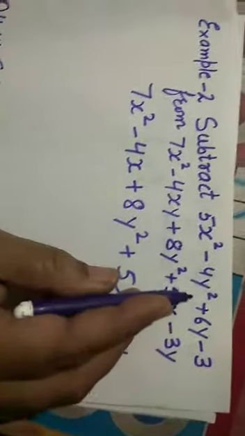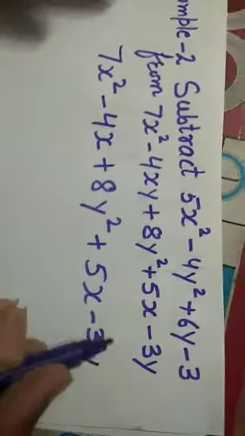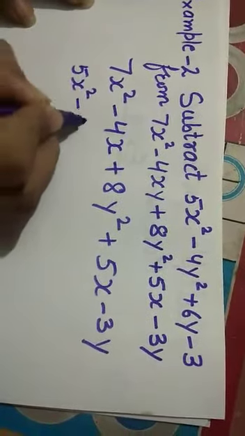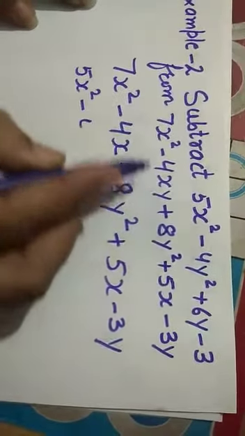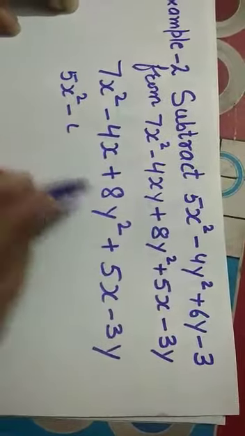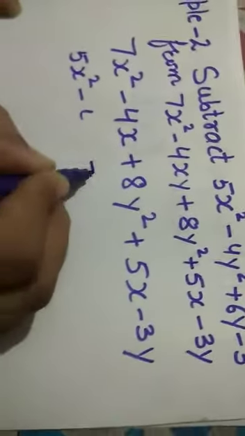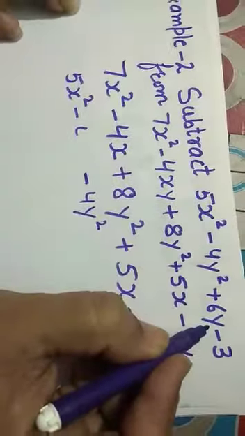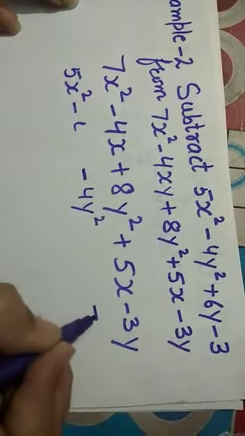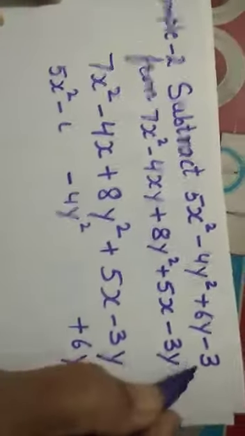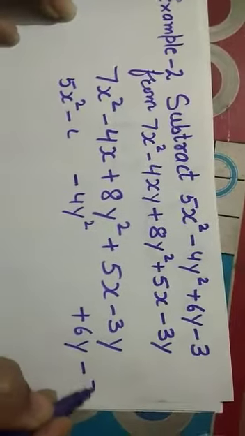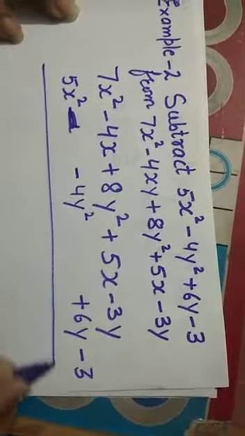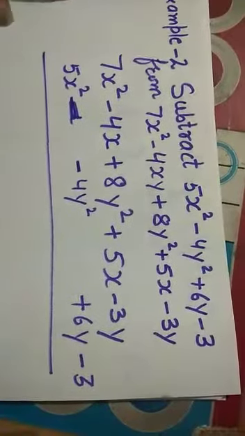Now first one we have to take, it is 5x square minus 4y square. So 4y square we have to write it here, minus 4y square plus 6y minus 3. So this one separately. Now what we have to do, we have to subtract it.